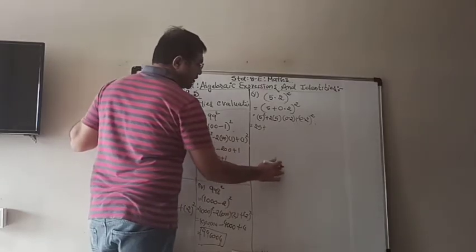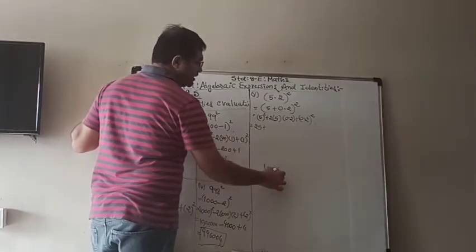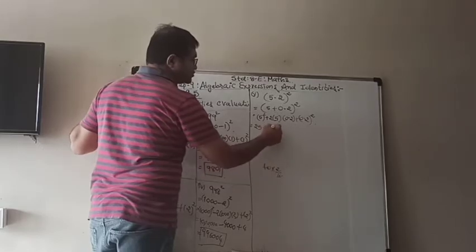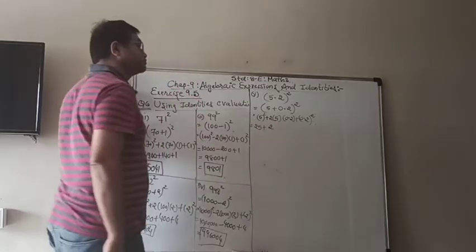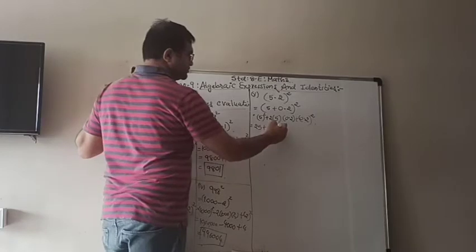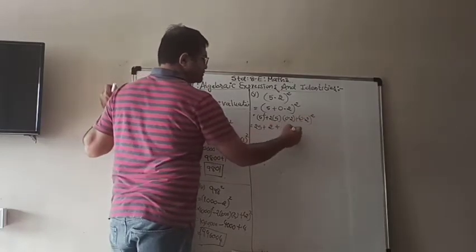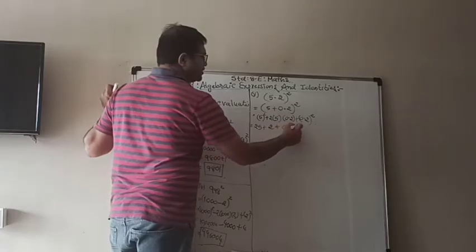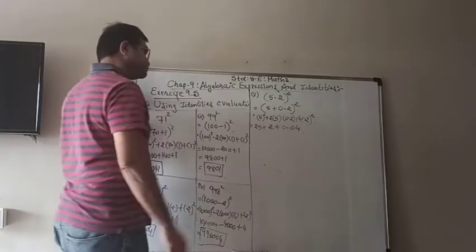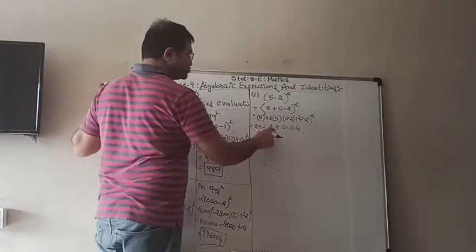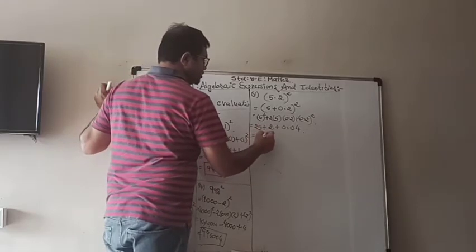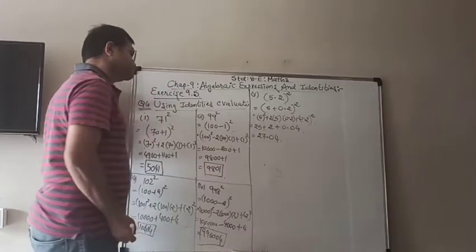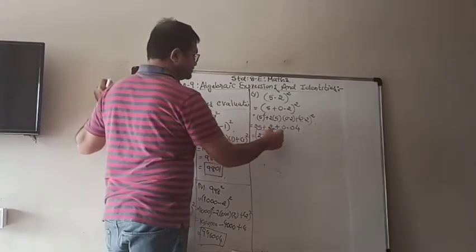You know that 0.2 can be written as 2 upon 10, 10 will be cancelled, so it will be 2 here. And plus 2 square is 4, but 0.2, so it will be 0.04. 25 plus 2 is 27, so 27.04. That will be your answer.